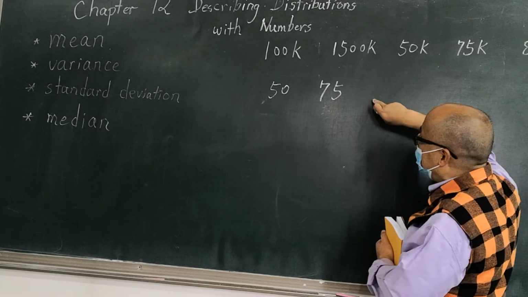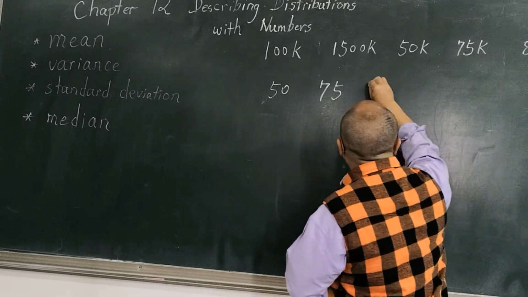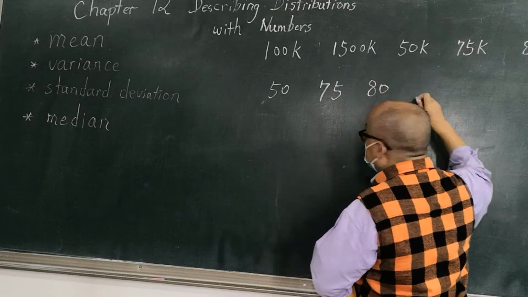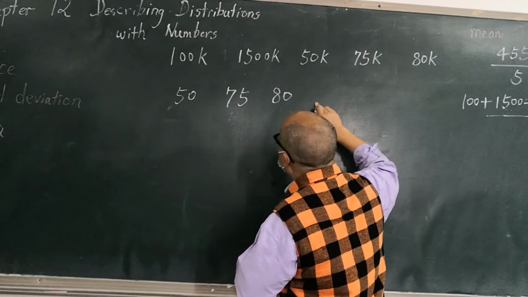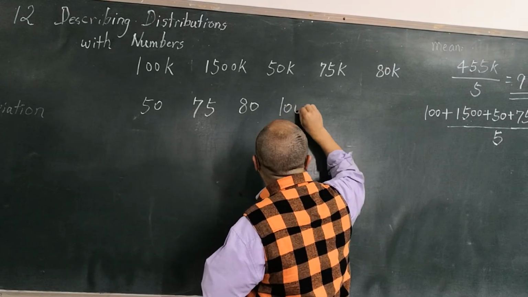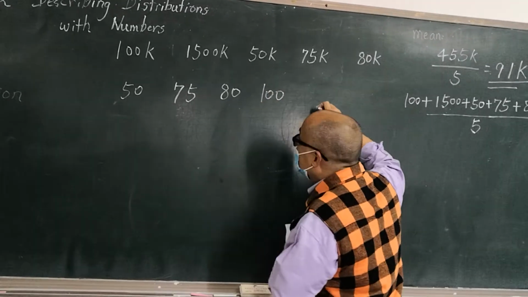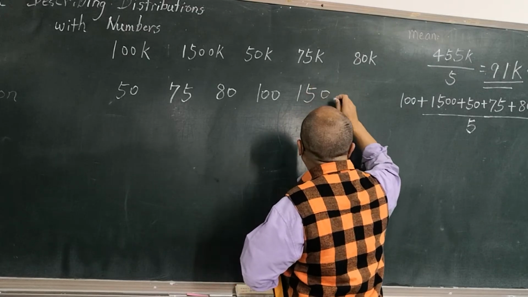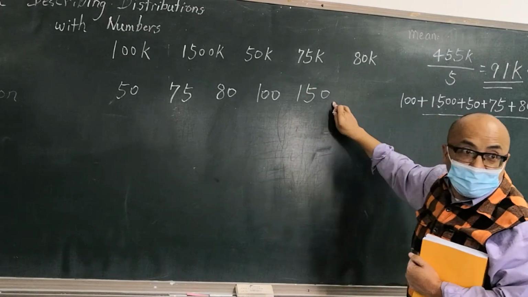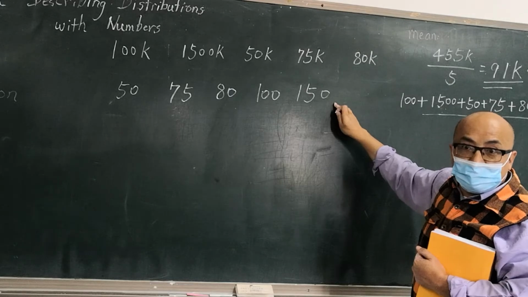What's the third? 80. What's next? 100. And this one, that was originally this one.